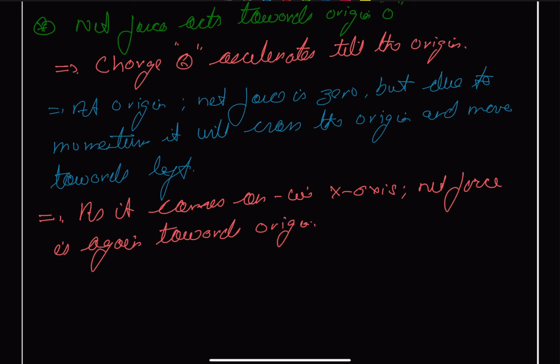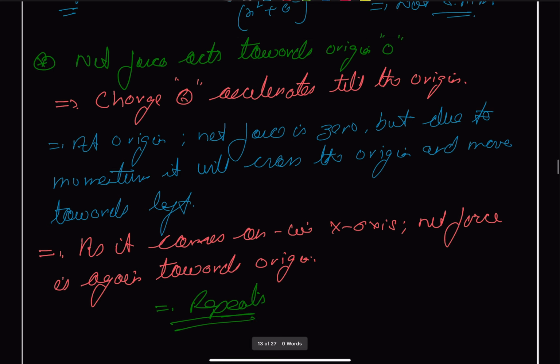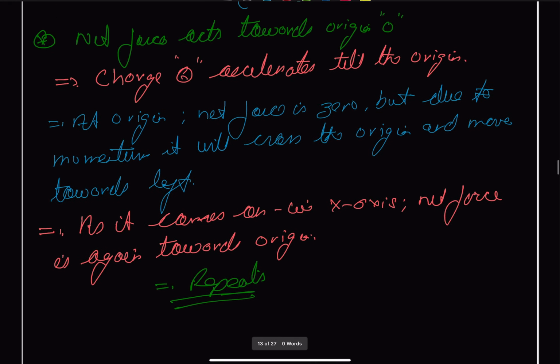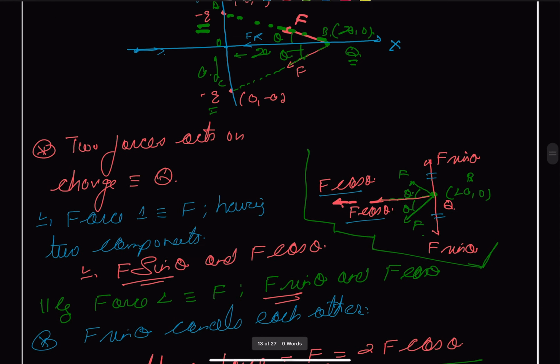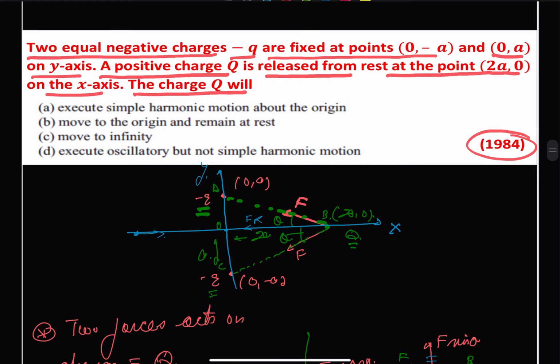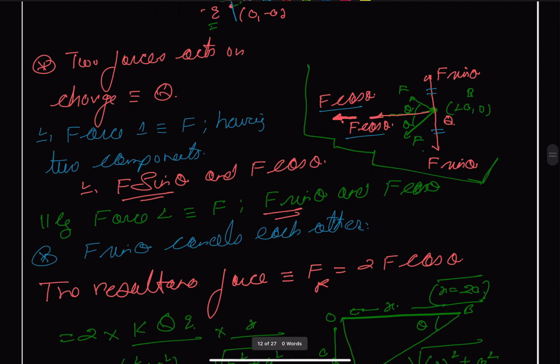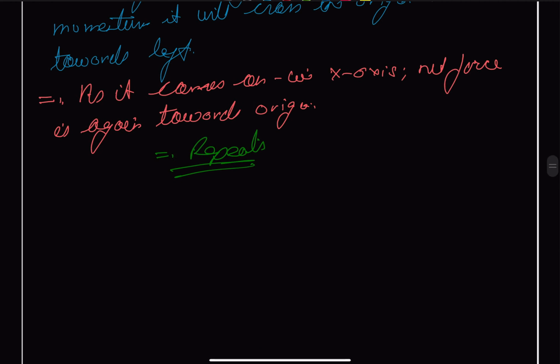So you can say it repeats. Therefore, we can say that it will not be SHM, but an oscillatory. So option number D is the correct one. Repeats means oscillatory. So you can say option D is correct.